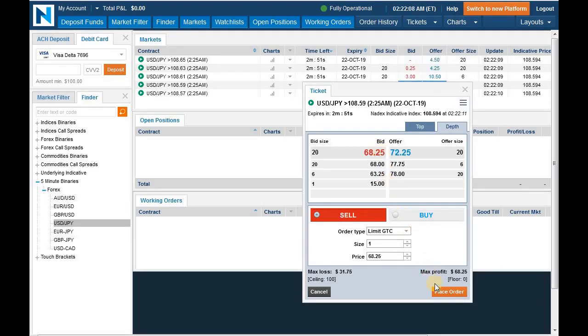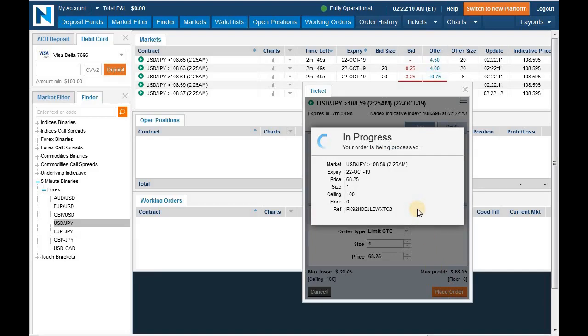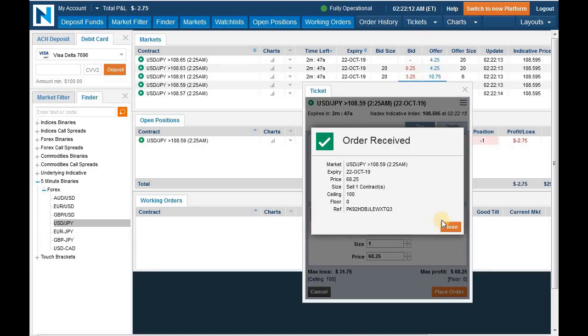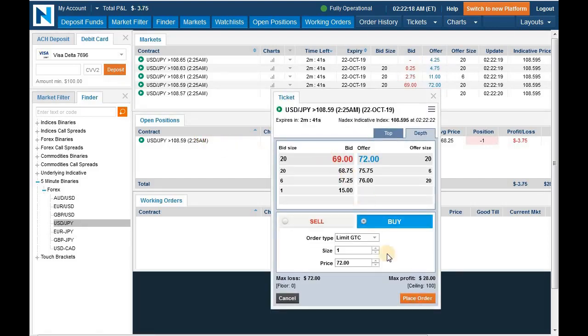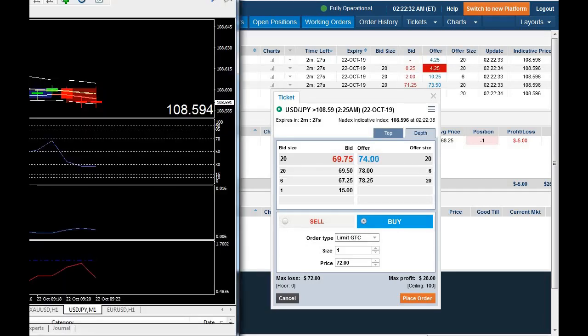So now I'm really just jockeying for a price. I saw my price and got in there. I was looking to get as good a price as I could. I risked just a little under 32 bucks. Now I've opened up my buy, because I've got to buy to close the trade.